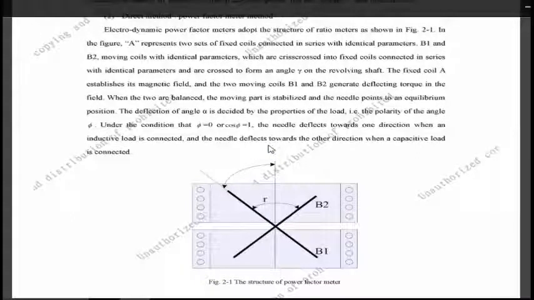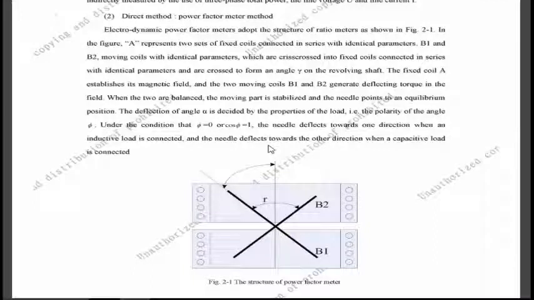In the figure, it represents two sets of fixed coils connected in series with identical parameters. So this is A, the fixed coil, connected in series. This is coil 1, and coil 2 is the fixed coil with identical parameters.